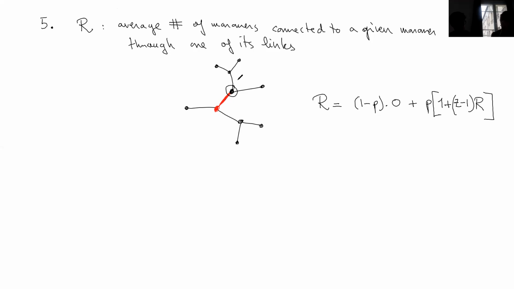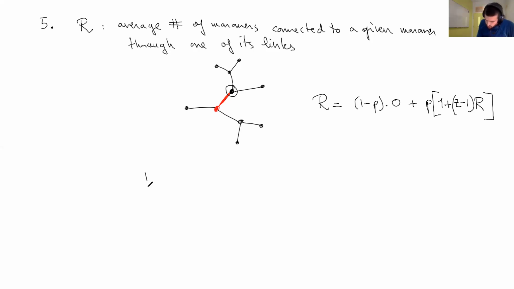And then for each of those legs, which is Z minus 1 here, I have R, which is the average number of monomers connected to a given bond to this guy. Okay? Any question? Baptiste, I heard from you. Oh, no, sorry. Oh, it was unmuted. Okay, sorry.